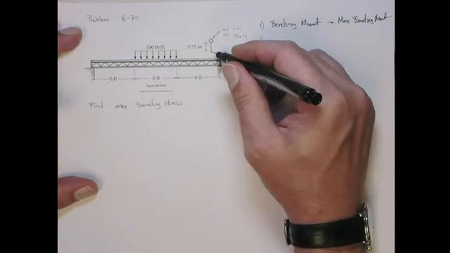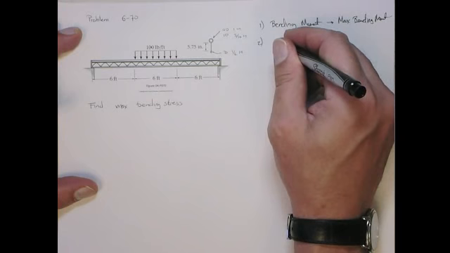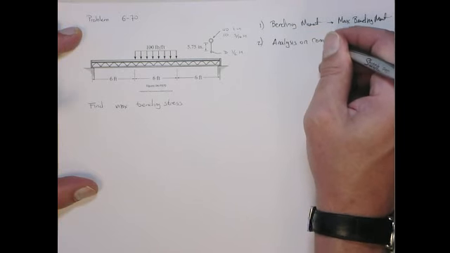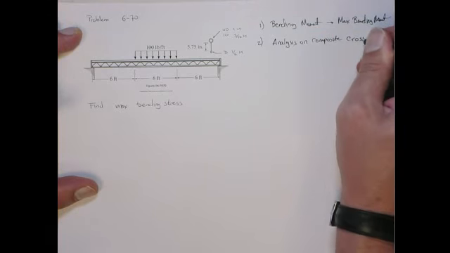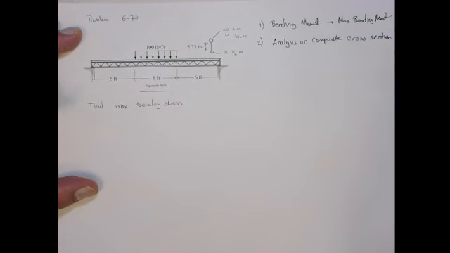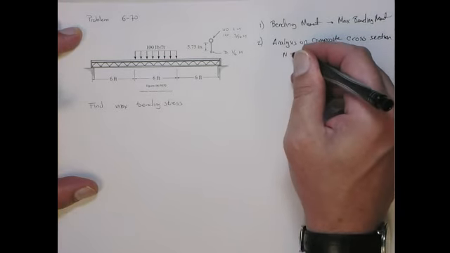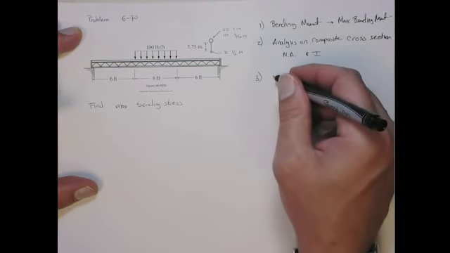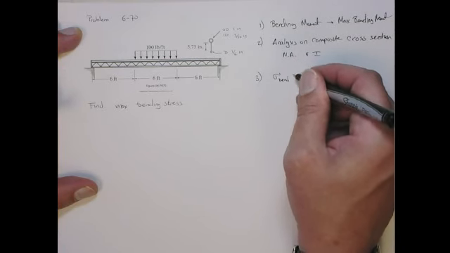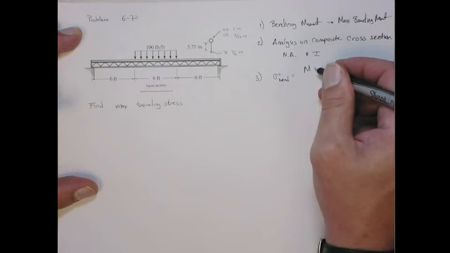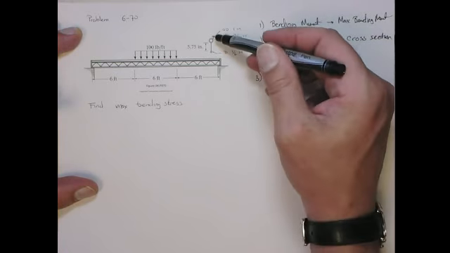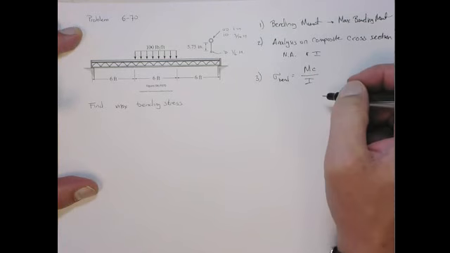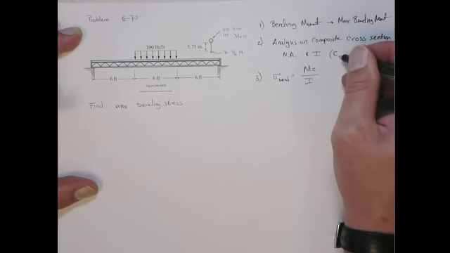But before we do that, since we have this composite section, we'll have to do the analysis on the cross section, to get the location of the neutral axis or the centroid, and to get I. Then we can put those into the flexure formula and get that the bending stress is the max moment times C, the distance to the outermost fiber from the neutral axis, because that's where the max stress will be, over I.